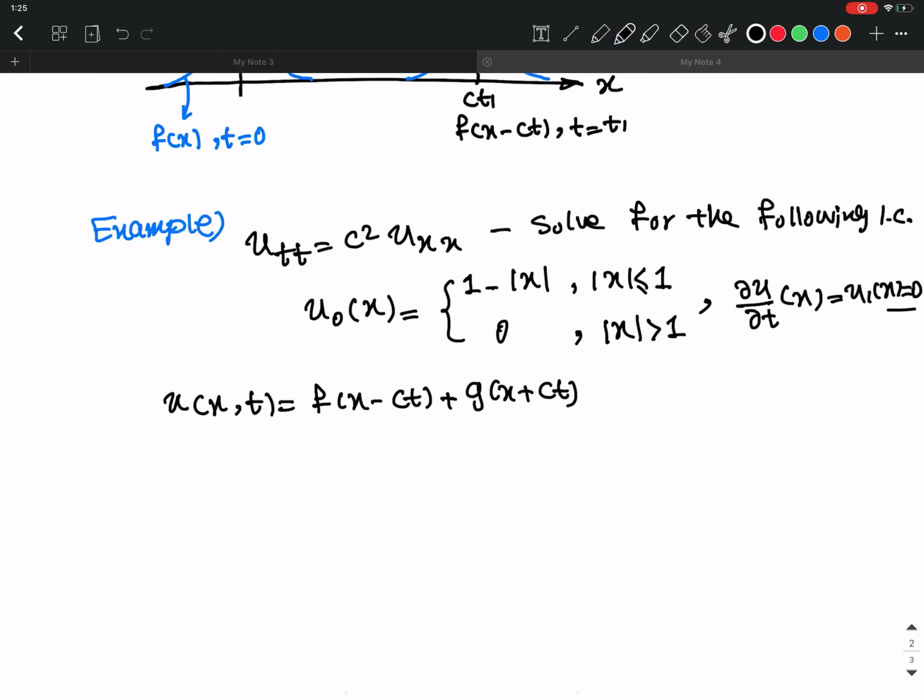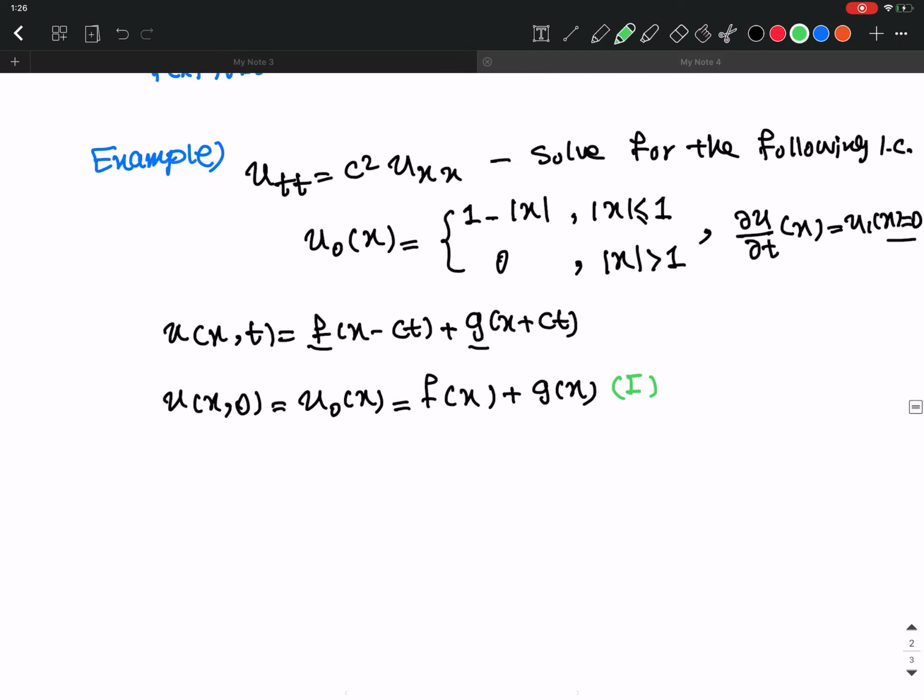So the first one is u at x and 0, which is u0(x), which is that function. I'm not going to write the exact function, I'm just going to write this as u0(x), and this equals f(x) plus g(x). This is what the first initial condition gives me, and I'm going to write it as equation 1.